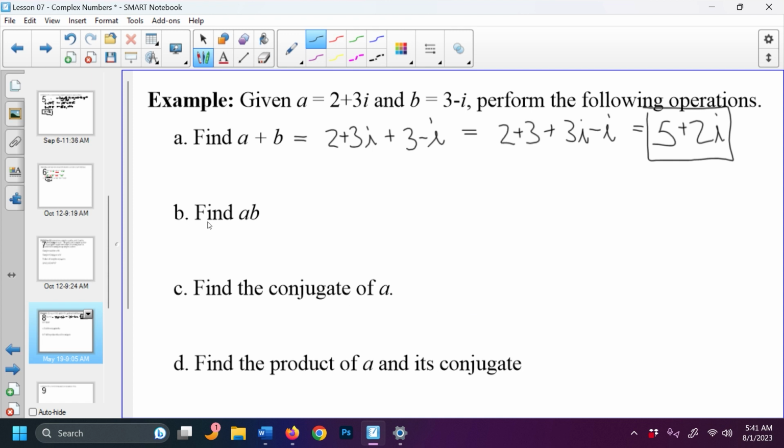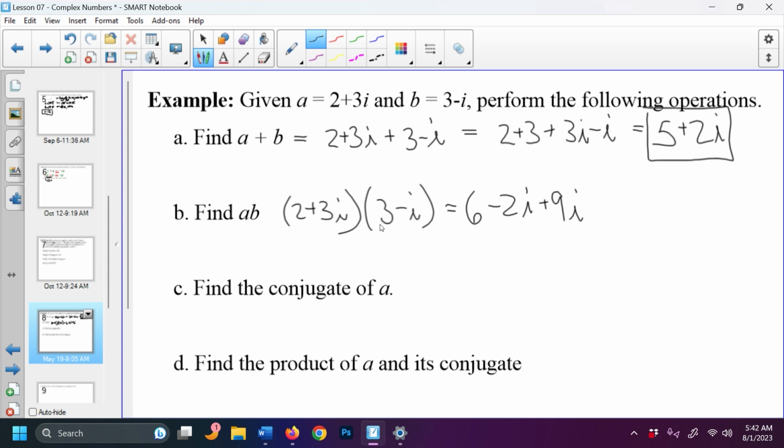When it asks us to find A times B, we will go 2 plus 3i. That is my A value. My B value is 3 minus i. And now I have to distribute. All right. So 2 times 3 is going to be 6. 2 times negative i is negative 2i. 3i times 3 is 9i.